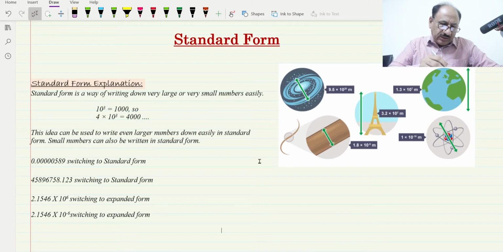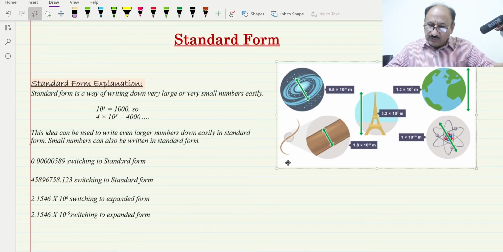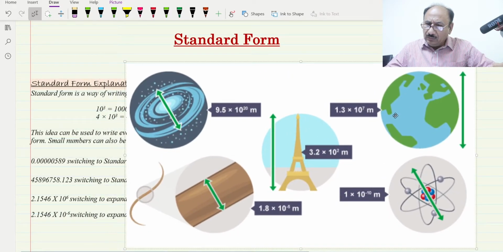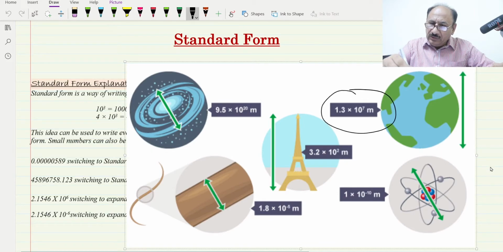So what is standard form? Standard form is representing very big values or small values in an easier way. For example, in this diagram, the diameter of the earth is 1.3 into 10 raised to the power 7.